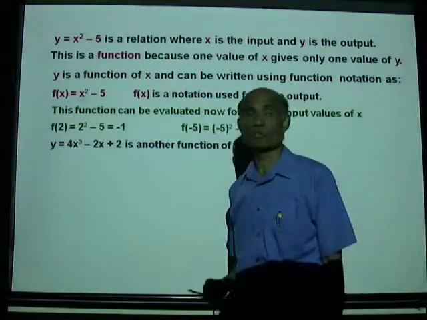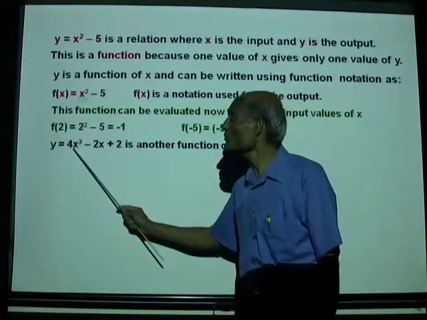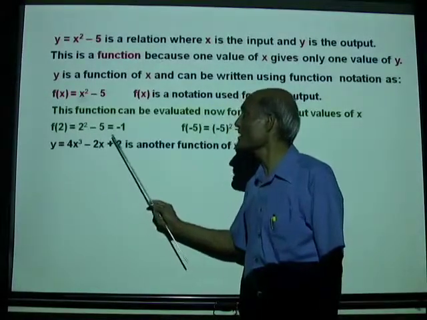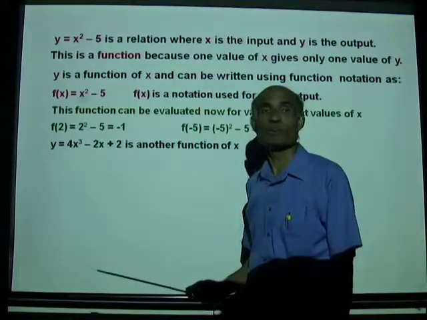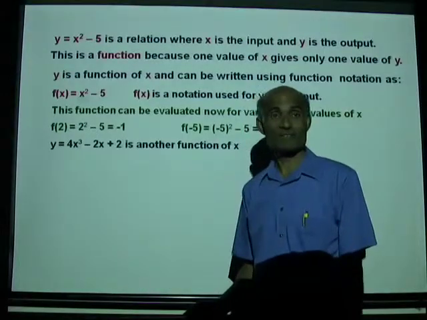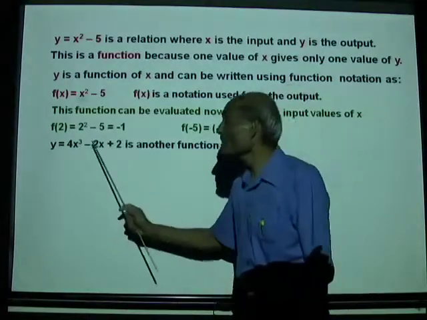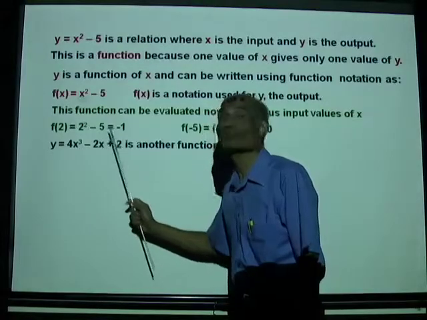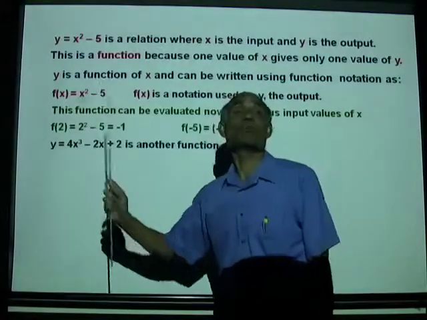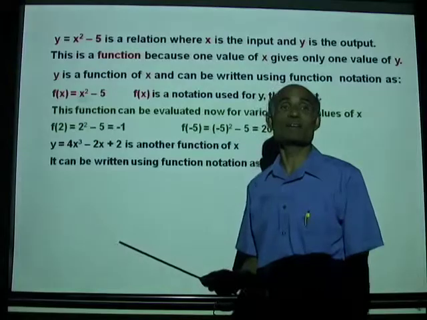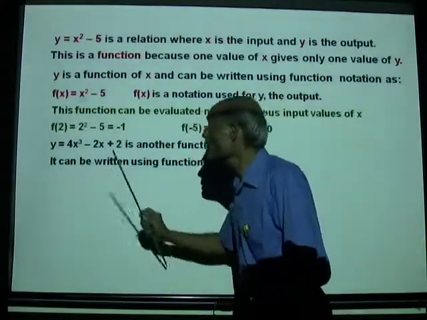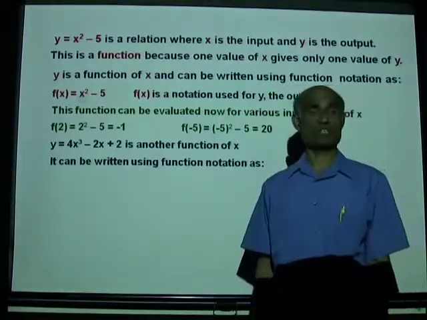Look at another function. y equal to 4x cubed minus 2x plus 2. Is this a function? Yes, it is, because one value of x will give you only one value of y. And we can write this using the function notation.